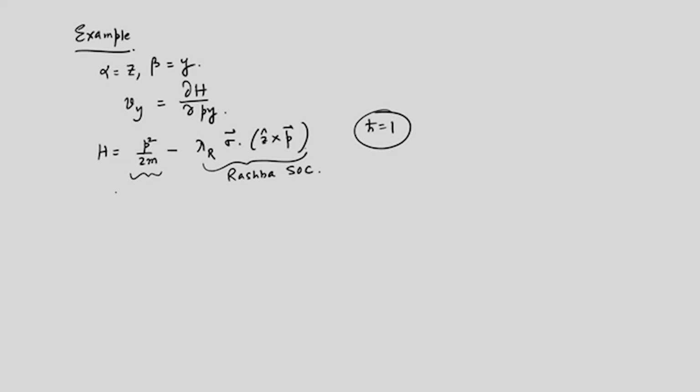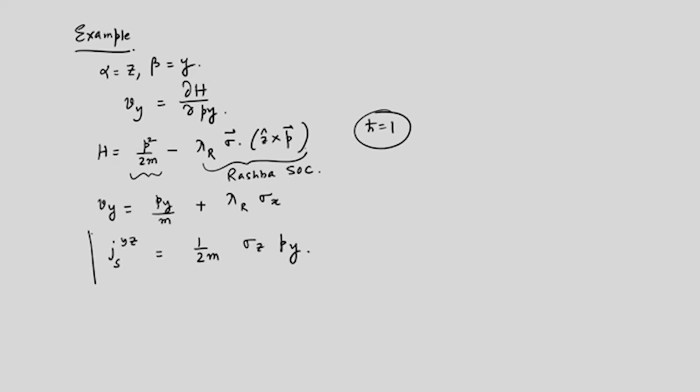And in that case, I can calculate this del H del Py in order to get the Vy, the y component of the velocity. So, Vy becomes equal to Py over m plus lambda R sigma x, because this is equal to sigma x Py minus sigma y Px, and the other term will give you 0 when you take a derivative with respect to Py, and that tells you that the spin current has this form, which is J_yz, that is equal to 1 over 2m and a sigma z Py.